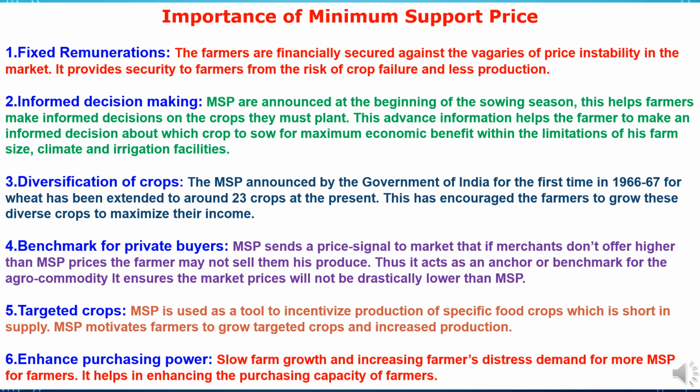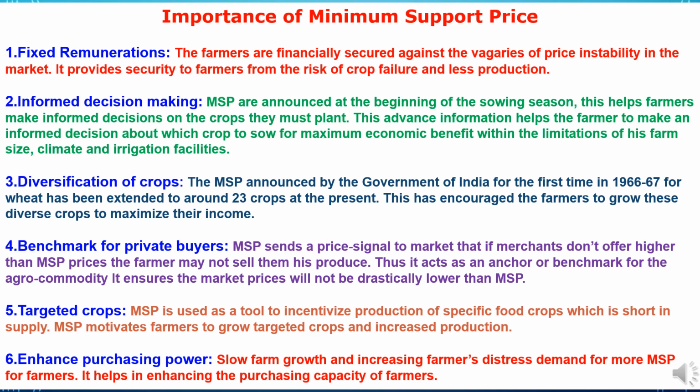MSP are announced at the beginning of the sowing season. This helps farmers to make informed decision on the crop they must plant. This advanced information helps the farmers to make an informed decision about which crop to sow for maximum economic benefit within the limitations of his farm size, climate and irrigation facilities.